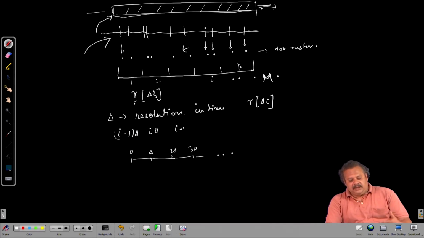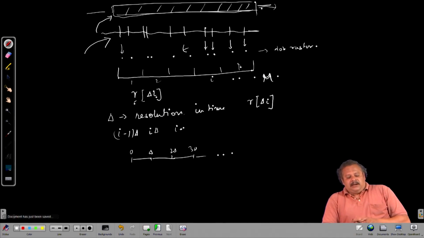We get different spike trains every time, and depending on how variable things are, we decide on the number of repetitions required, and then get an estimate of this R delta i. It also heavily depends on the choice of delta.